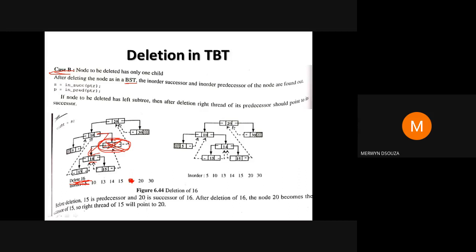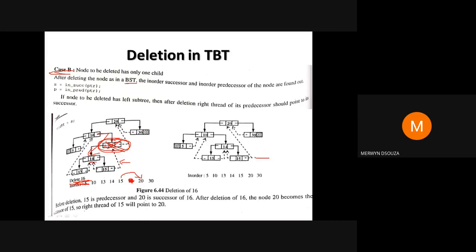And the rest of the things will remain the same except for this pointer thread that was pointing to 16. The right thread of 15 will not point to 16. You need to find out who is the in order successor. So now the in order successor of 15 will be 20.